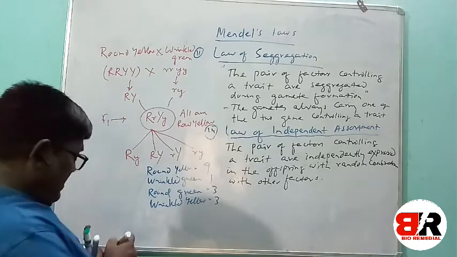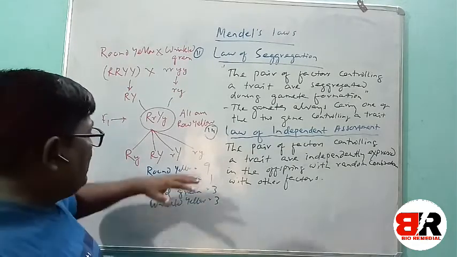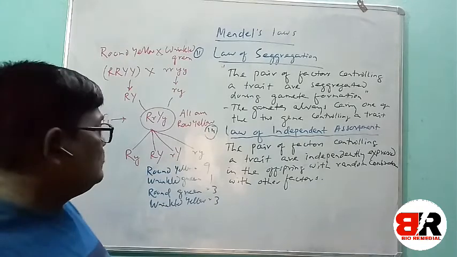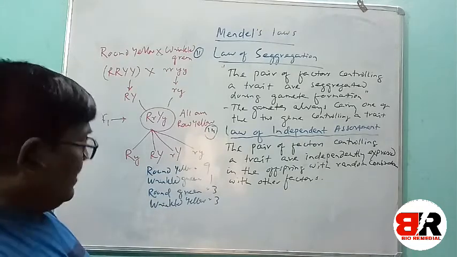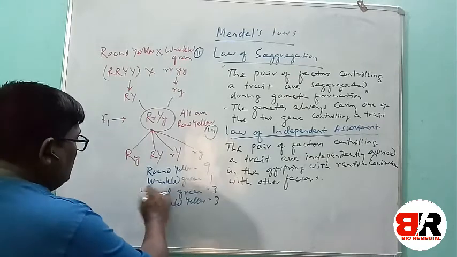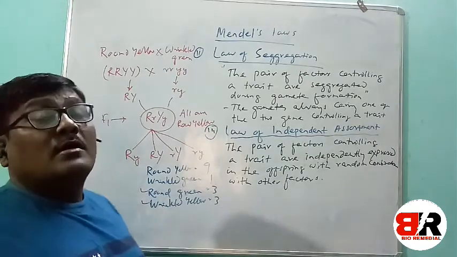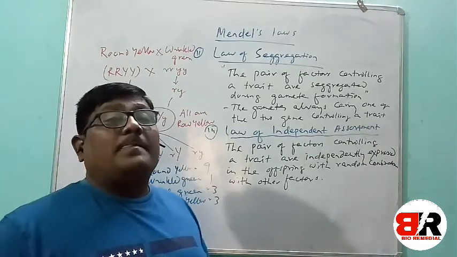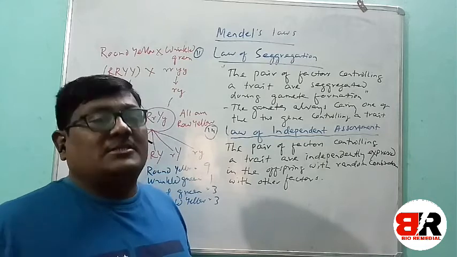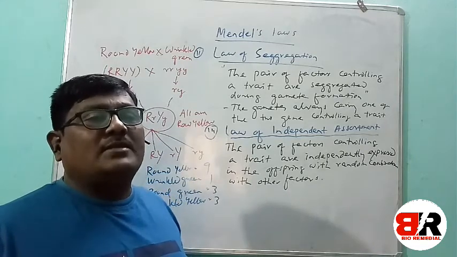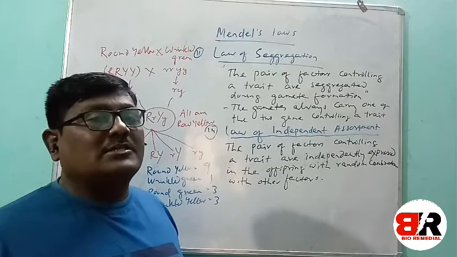That means Mendel found the parent characters in the F2 generation, but also these two new combinations of characters, because the factors are independently expressed in offspring.